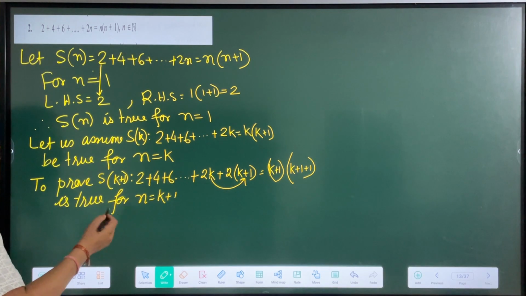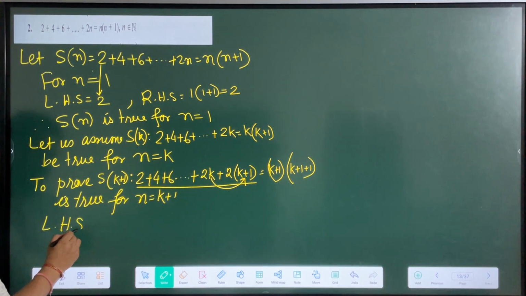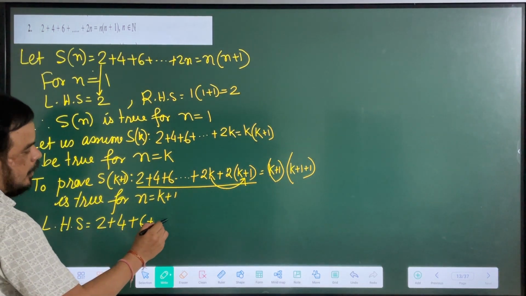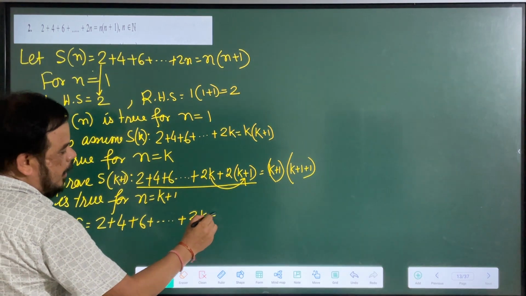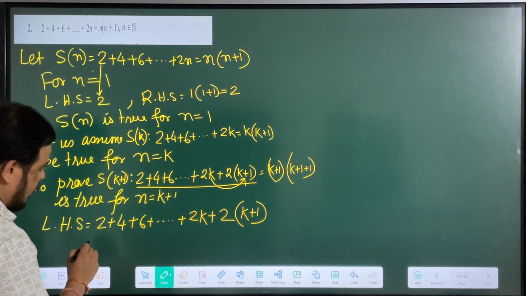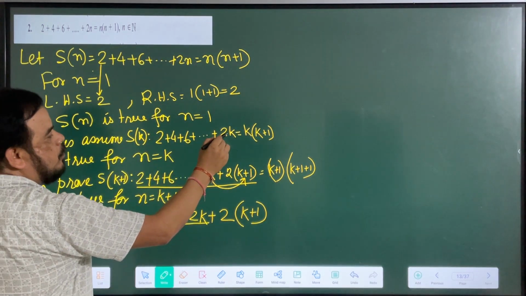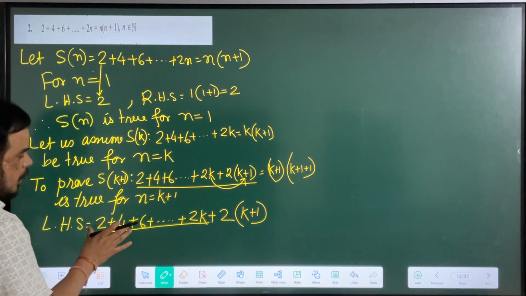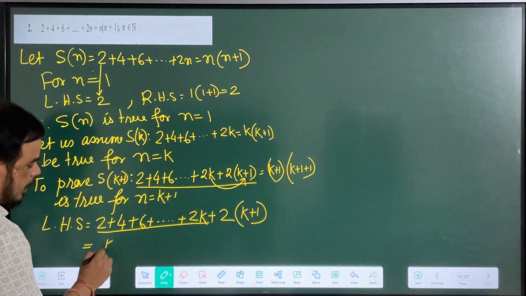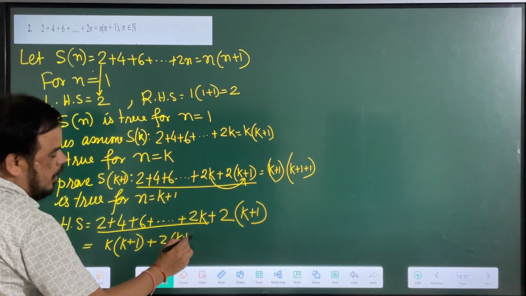Now we will do left hand side. What is left hand side? 2 + 4 + 6 + ... + 2k + 2(k + 1). Now we know 2 + 4 + 6 + ... + 2k equals k(k + 1). So till 2k we can write k(k + 1) plus 2 into (k + 1) as it is.